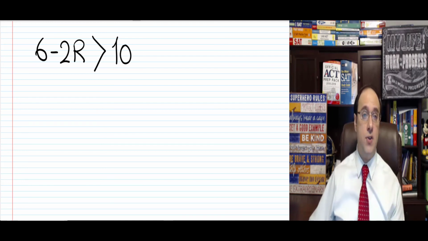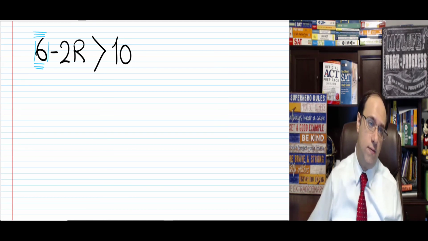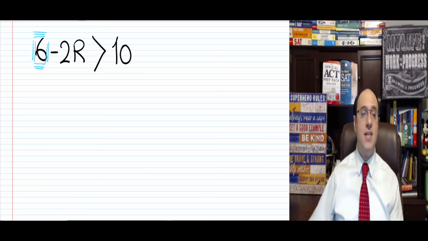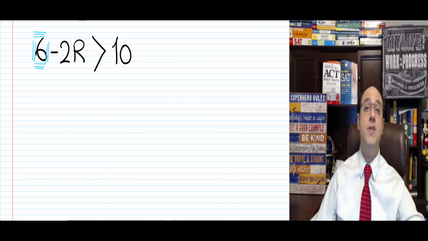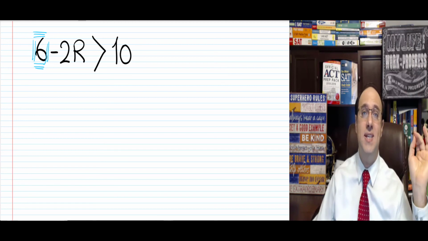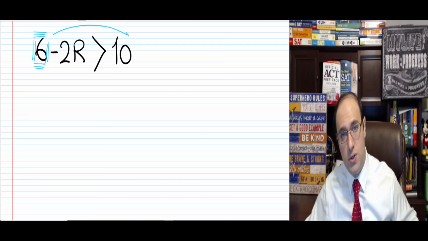First things first. I want to get rid of the thing that is added or subtracted to the variable, to the r. Here it's 6 minus 2r, so I want to get rid of the 6. Is there a sign before the 6? No, there is not, which means it is plus 6, positive 6. So it goes to the other side as minus 6.